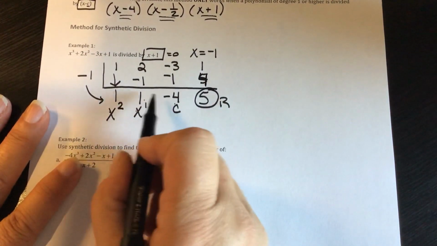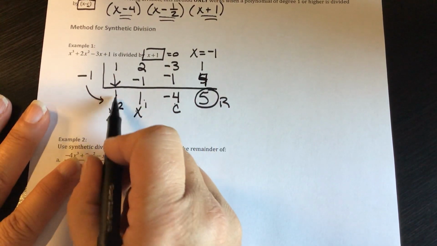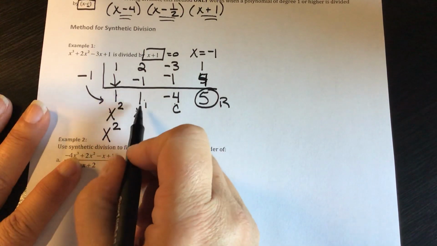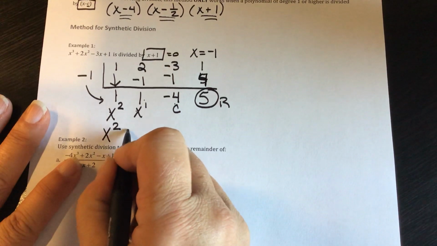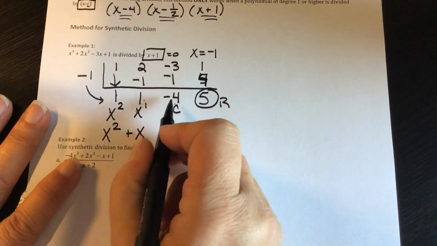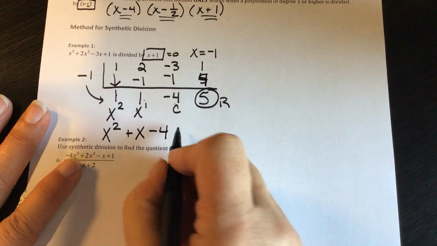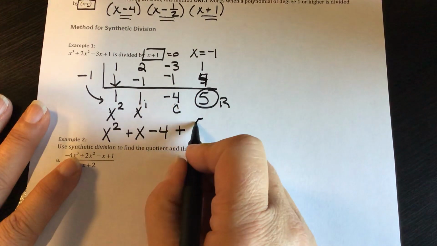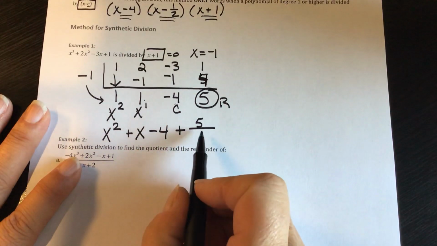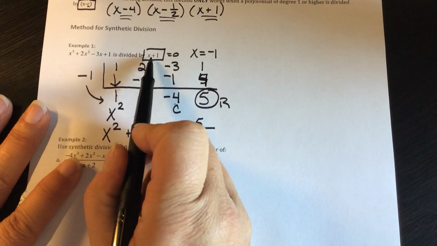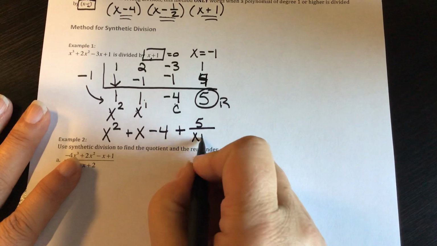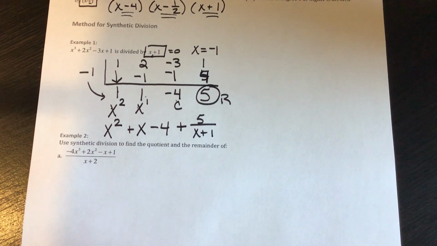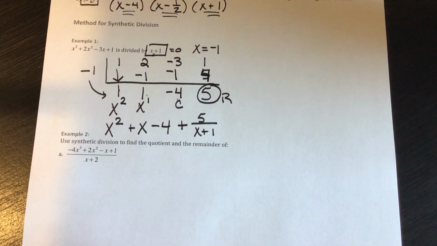So I can say that my answer is 1x squared plus 1x to the first power minus 4 plus my remainder, which is 5, over the number I'm dividing by, which is back here, which is x plus 1. Okay, a lot easier using synthetic division.